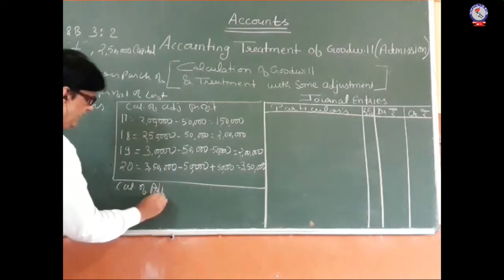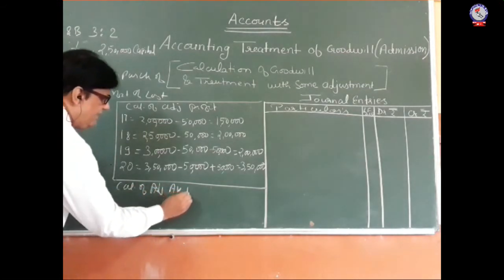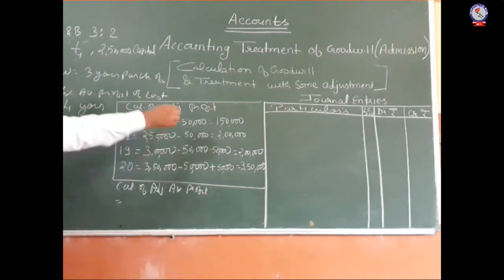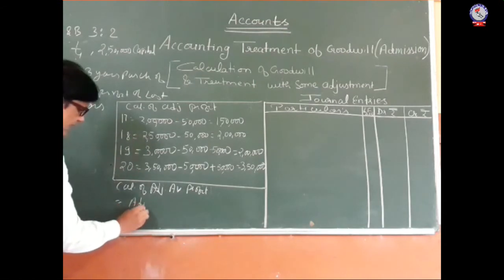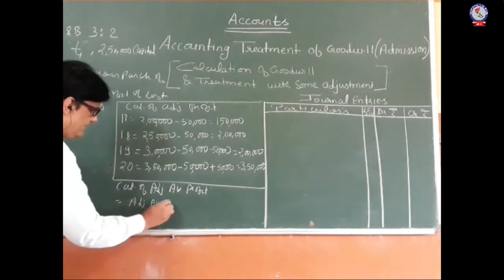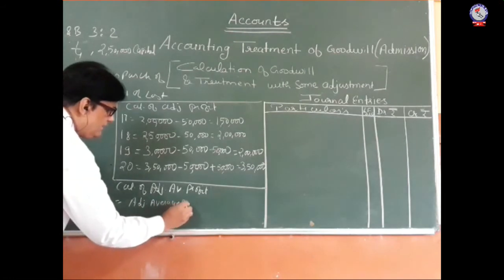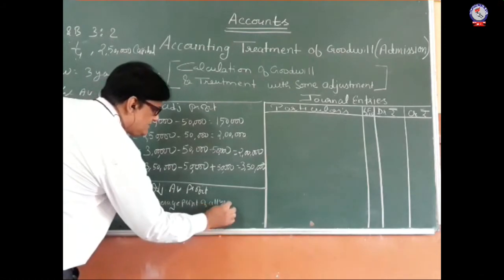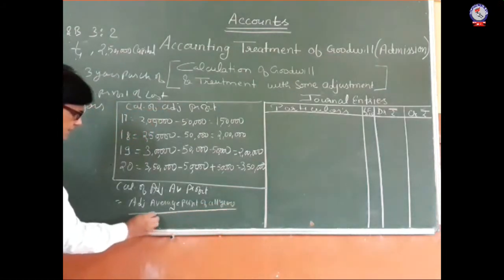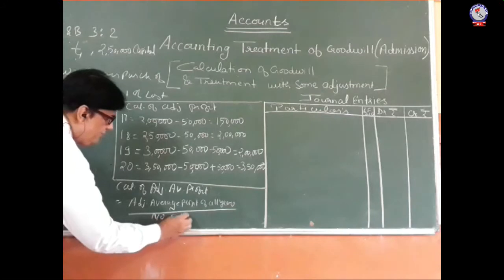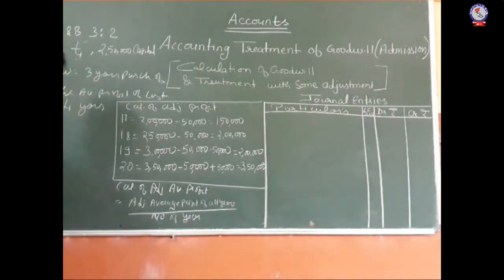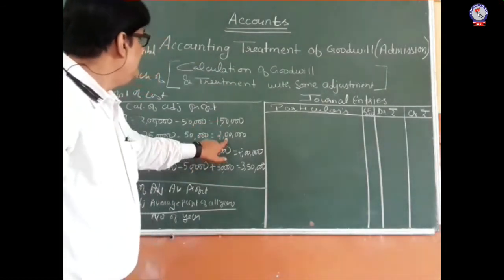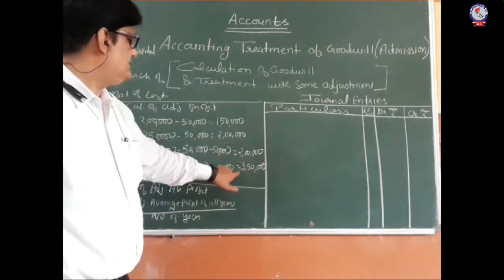So the calculation of adjusted average profit. The formula will be adjusted profit of all years upon number of years. So adjusted profit of all years 150, 350, 550, 6 and 9.